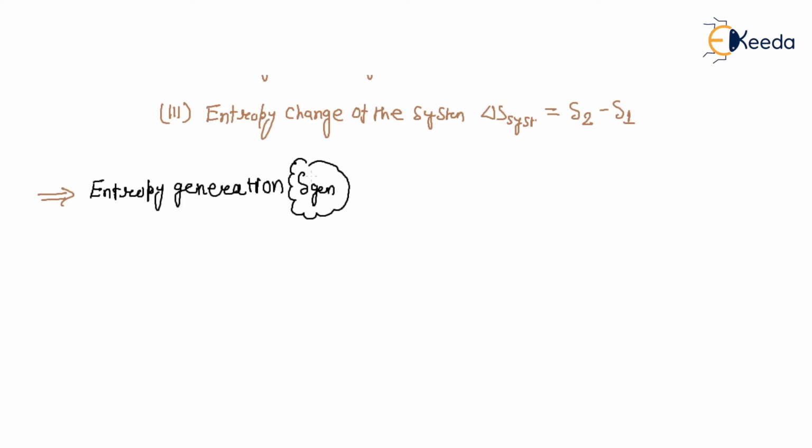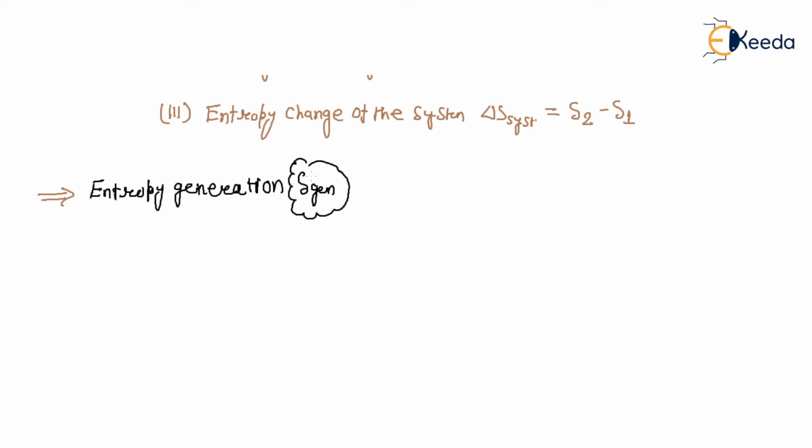These are all responsible for increasing the entropy of the system. And when we are measuring how much the entropy increases due to such effects, that measurable parameter is denoted by entropy generation.